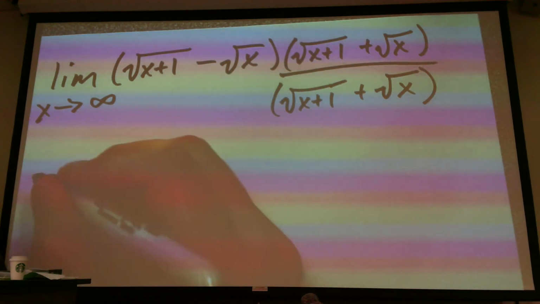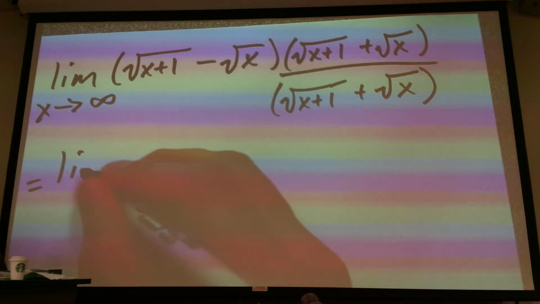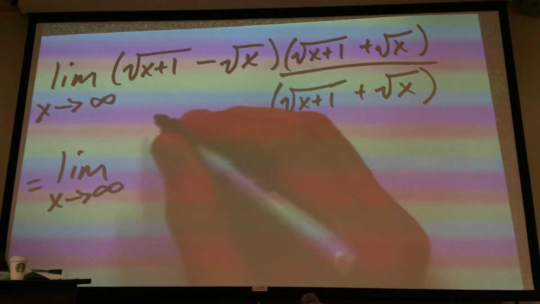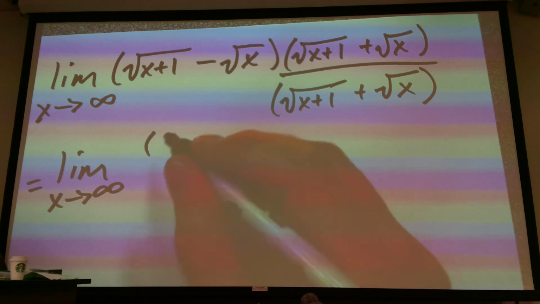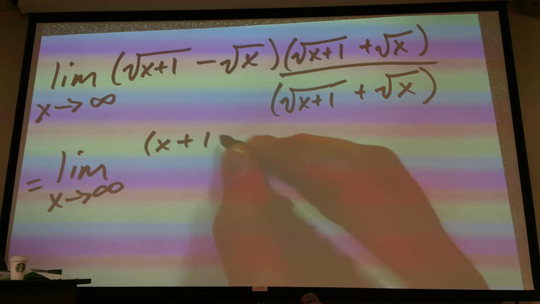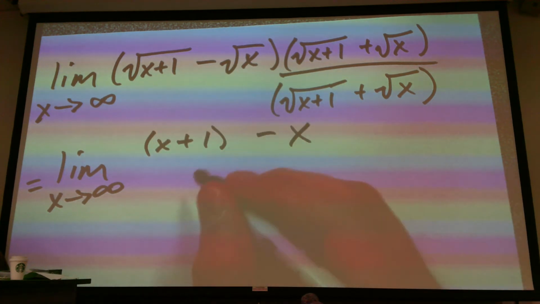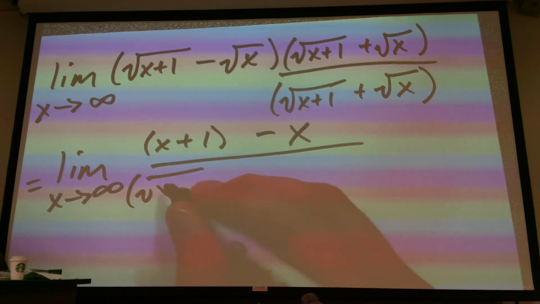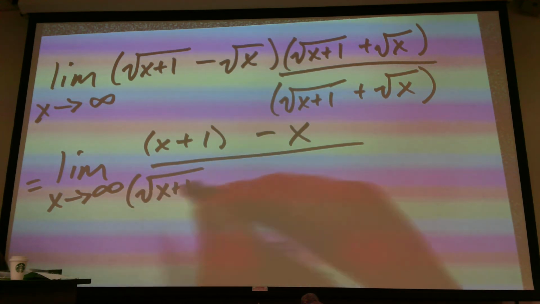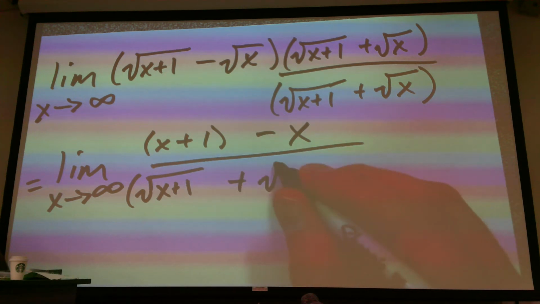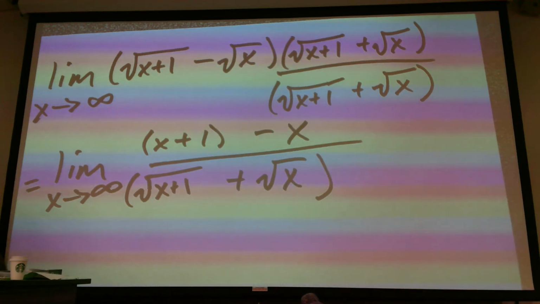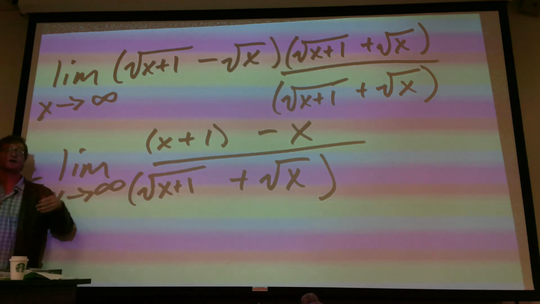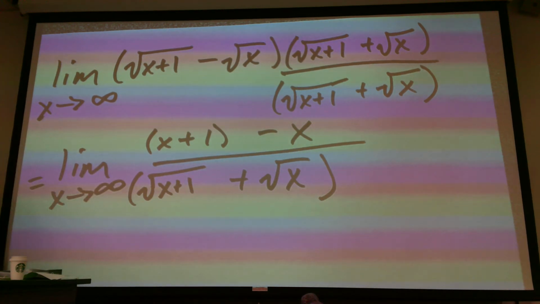So this is going to become the limit as x tends towards infinity of, let me write it like this, x plus 1 minus x divided by the square root of x plus 1 plus the square root of x. Okay, so at this point, x minus x, those x's are going to cancel each other out.